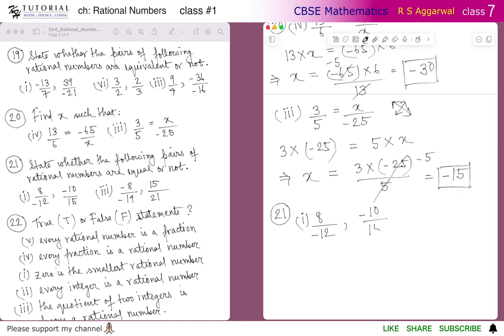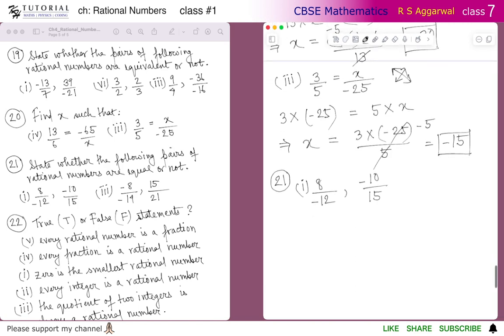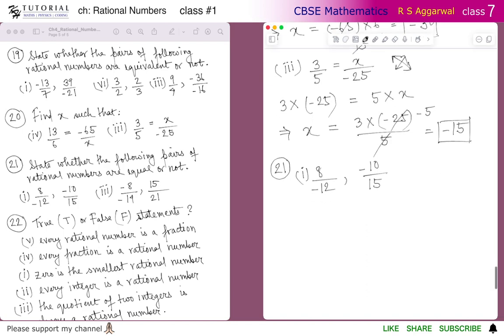The first way is you do cross product and see whether the products are same or not. If they are same, then the two rational numbers are same, and if they are different, then the rational numbers are different. The other way is that you convert both the rational numbers to standard form, and if the standard forms of the two given rational numbers are same, then the two rational numbers are same.